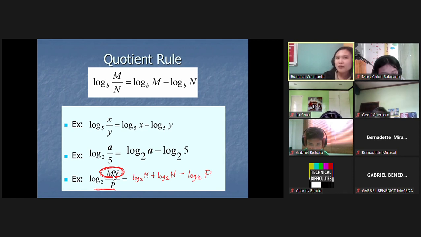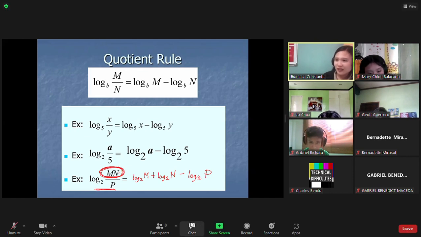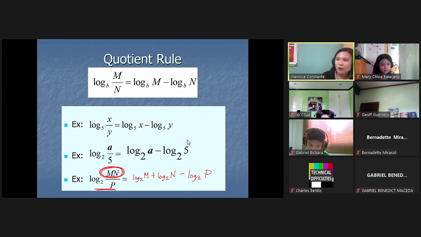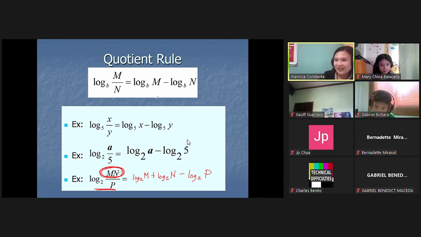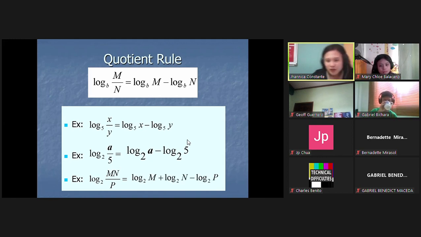So the sum of the functions may combine all the properties that we have in the function. The same with the example that we have here, the logarithmic 2mn over p. Okay? So that is the quotient rule that we have for the logarithmic function.